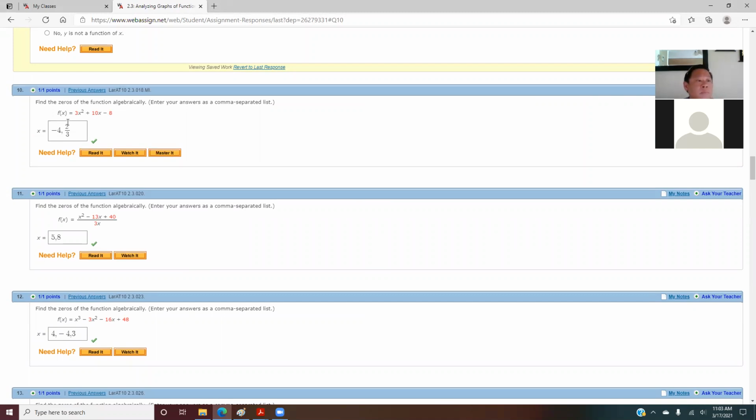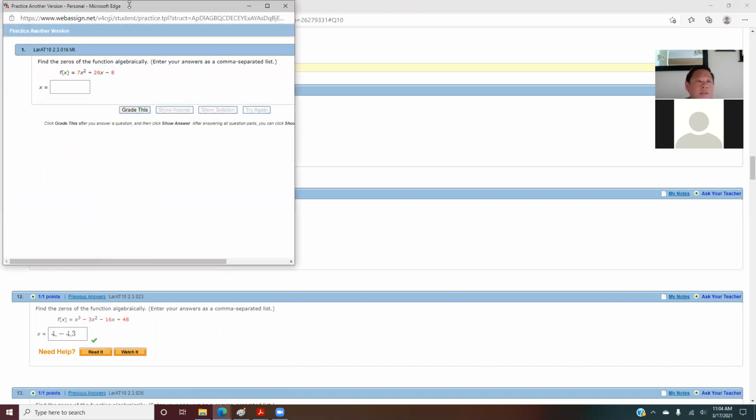I think we did this before on your previous one. Do you know how to factor a quadratic polynomial? Isn't it the AC method? Yes, you have to use the AC method.